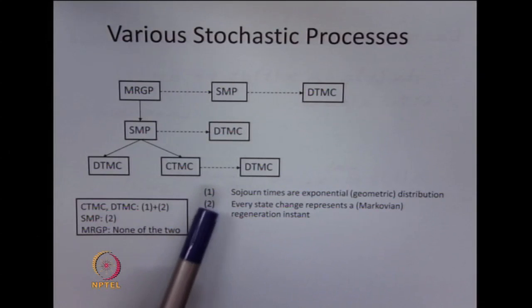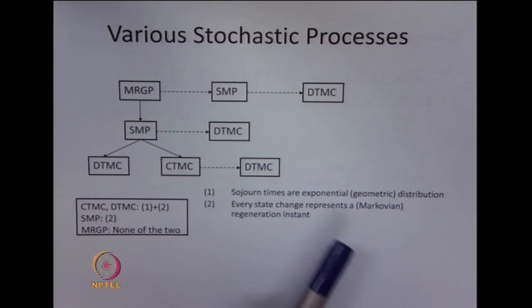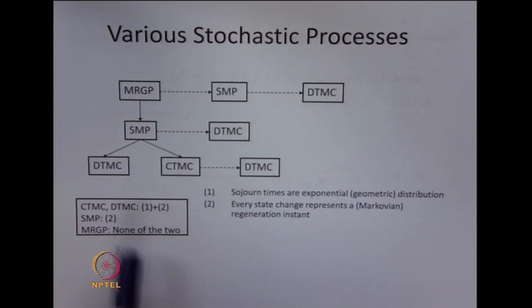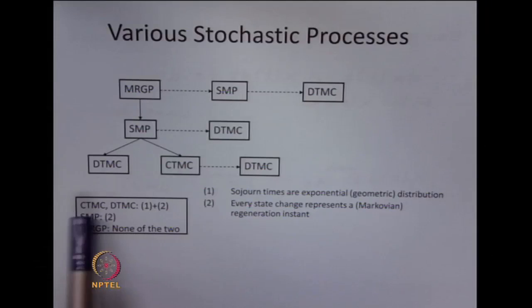If both the properties are not satisfied, but still not every state change represents a regeneration instant, instead only a few state changes represent a regeneration instant, then the stochastic process is called a Markov regenerative process. So, if two properties are satisfied, then it is a CTMC or DTMC.